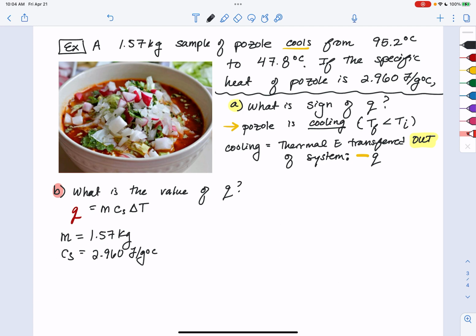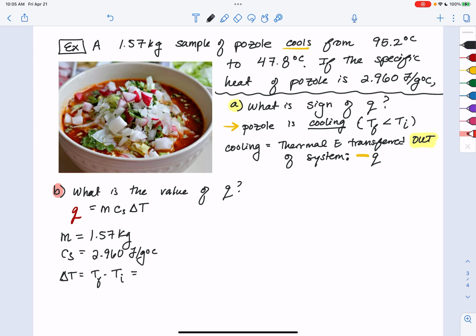And then delta T, which is final minus initial temperature. So I need to figure out what that is based on my starting and ending temperatures. Again, remember here we have a final temperature that is lower than my initial temperature.